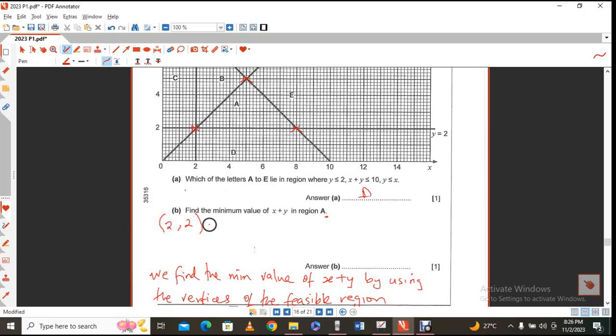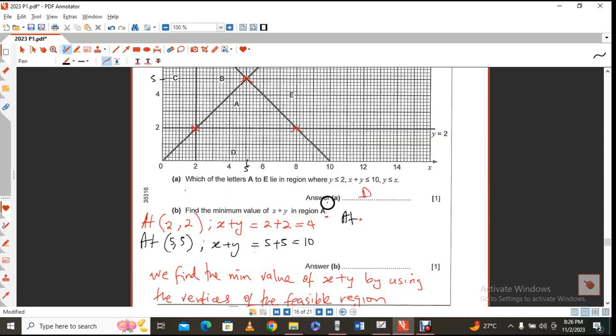At this point (2, 2), what is x plus y going to give me? It will give me 2 plus 2, which is 4. If we take this point over here, which is the point (5, 5), x plus y will be 5 plus 5, which is 10.